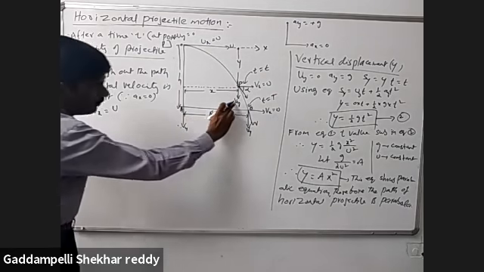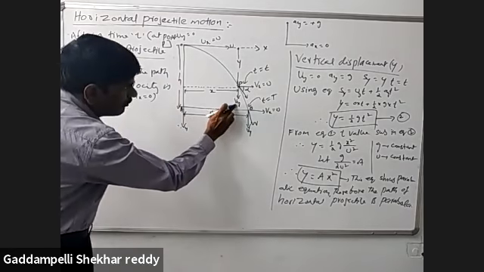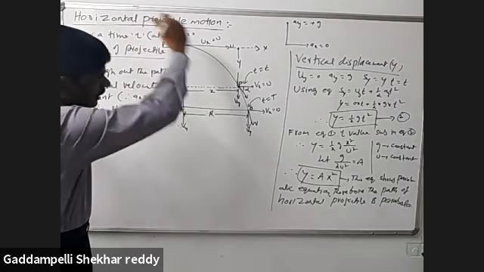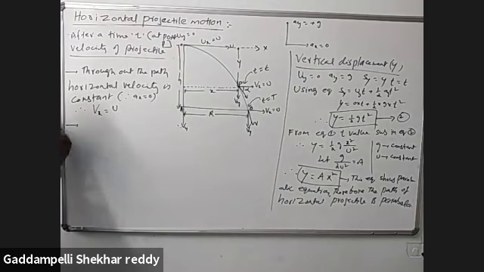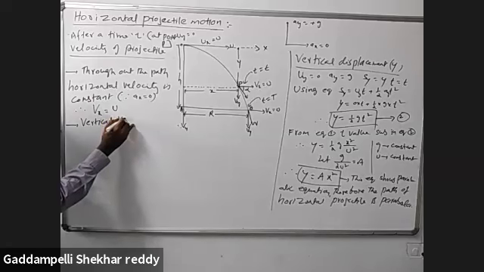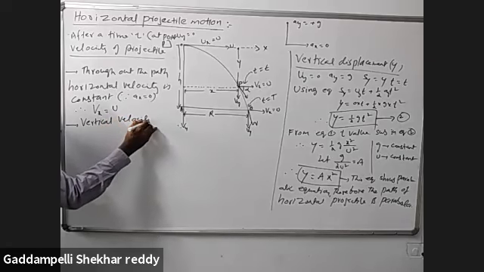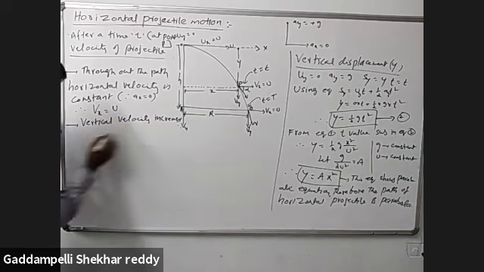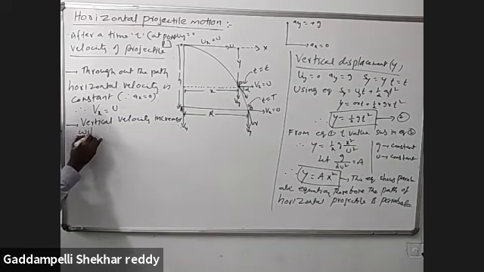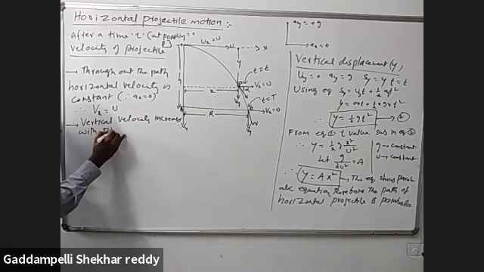Next, the vertical velocity, the vertical final velocity Vy. The vertical velocity increases in the downward direction, it increases with time.